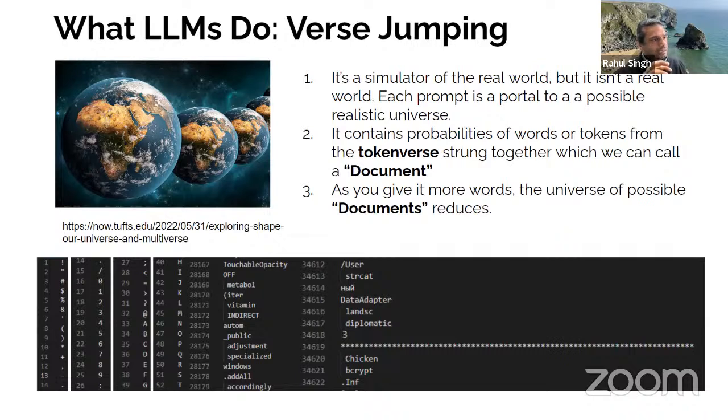But essentially, there is in the LLM various possibilities of documents. They're all there, and these collections of these words are what I would call a document, right? And inside the LLM, it doesn't look like English. It's actually just a series of numbers that represent these tokens, right? So this is from the GPT-4 token verse.